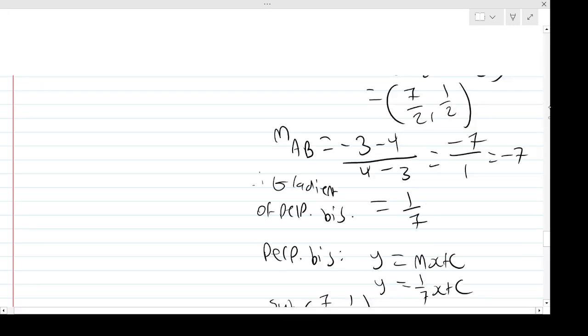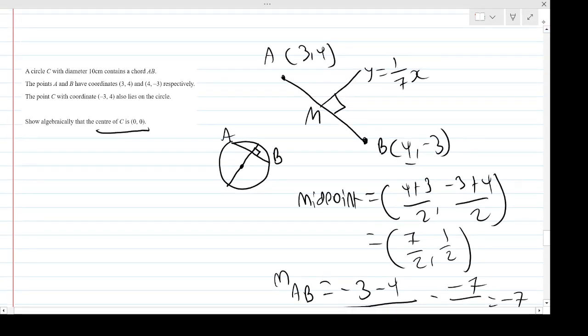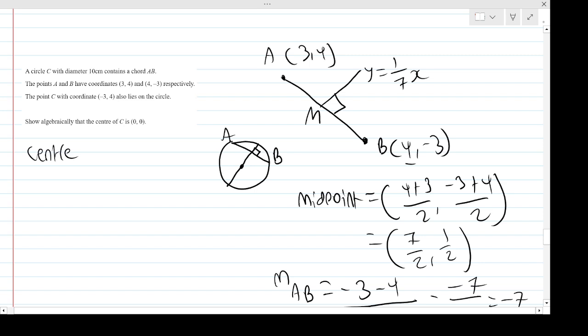Right, so I'll write that here. y = 1/7 x. Now, as we discussed, this perpendicular bisector must pass through the centre. So the centre again, we're trying to prove it's (0, 0), so we can't just assume it's 0. Firstly, let's just say the centre is a point (x, y), right?